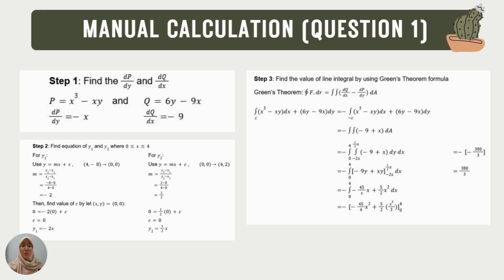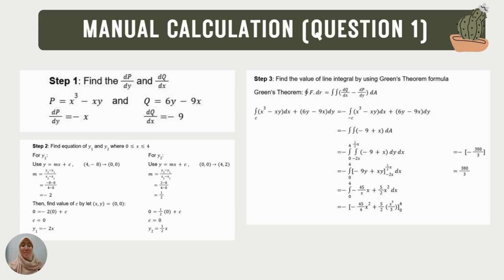Then we substitute the values using the coordinates mentioned just now, and we get m equals negative 2. Then we find the value of c using the general equation of a line again, substituting x, y equals 0, 0 and m equals negative 2. We get c equals 0. Finally, the equation of y1 is negative 2x.